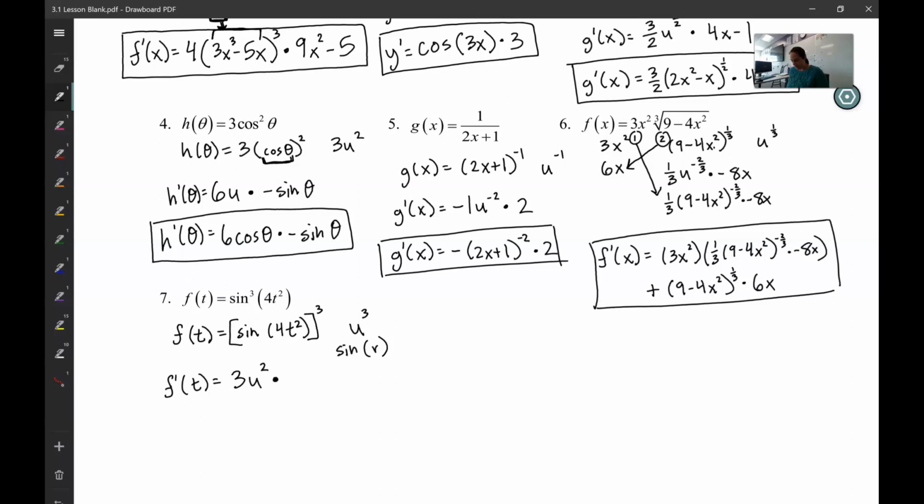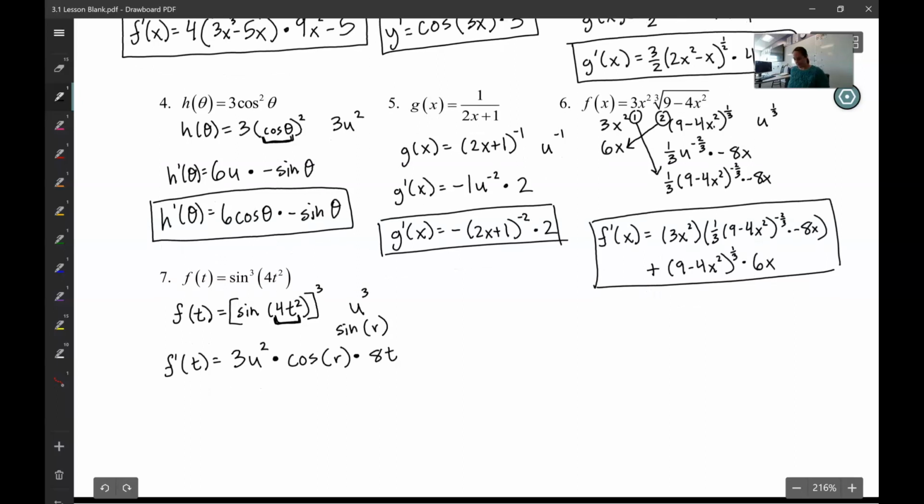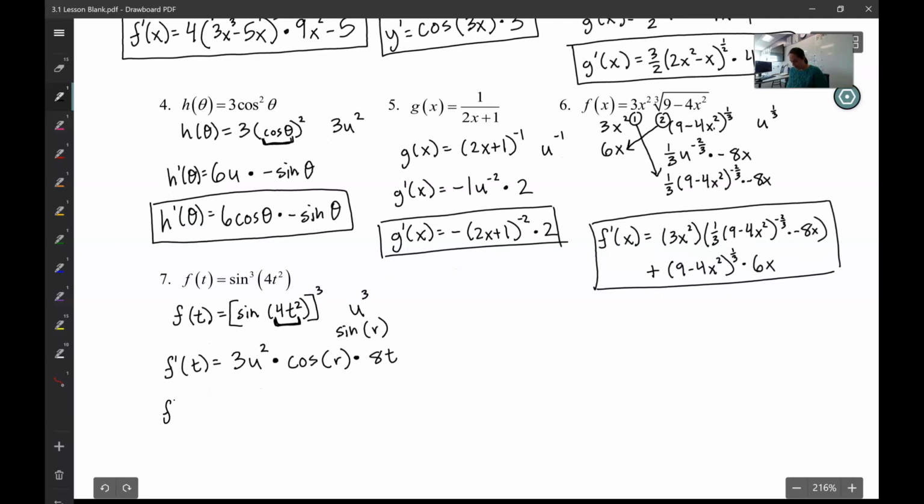So derivative of sine is cosine all times by the derivative of the innermost baby. We have finally reached the center. The derivative of that is 8t. And now I can go back in and substitute all my things.